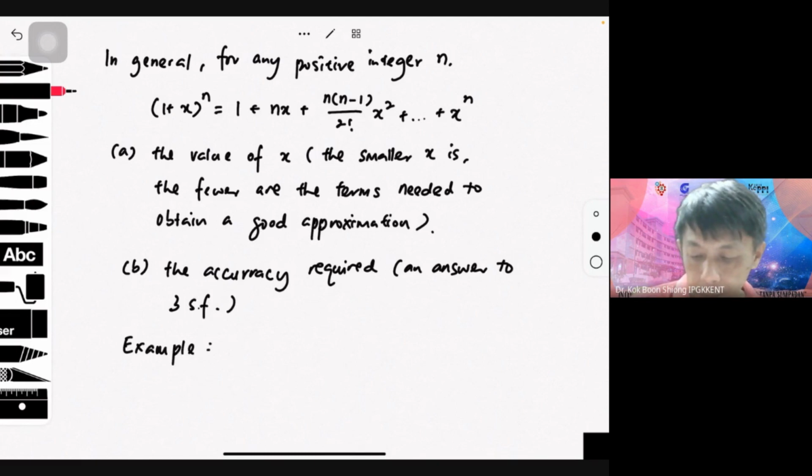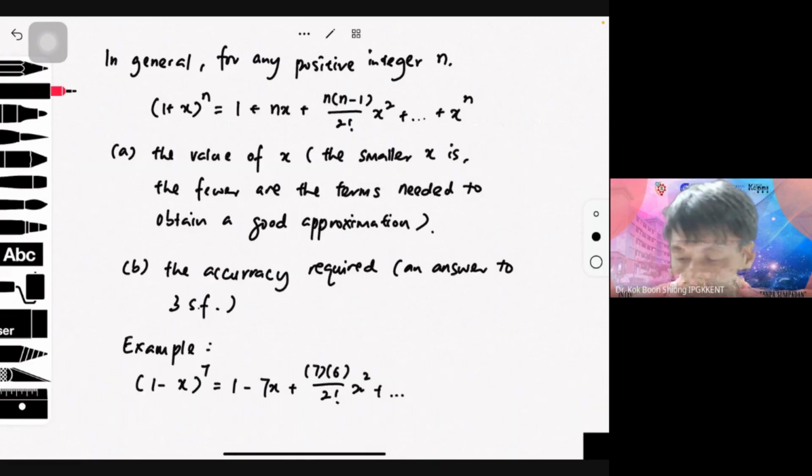let's say we have (1 minus x) to the power of 7. So by the formula we have 1 minus 7x plus 7 times 6 over 2 factorial x squared and plus the last term.